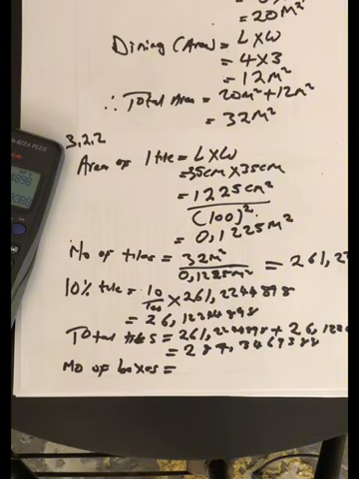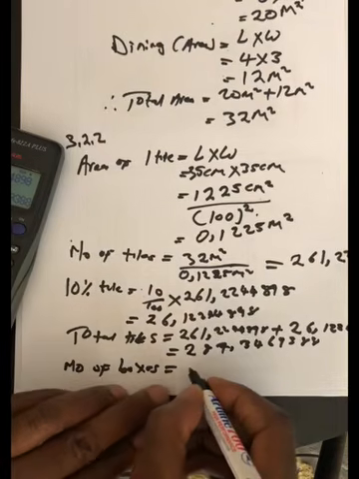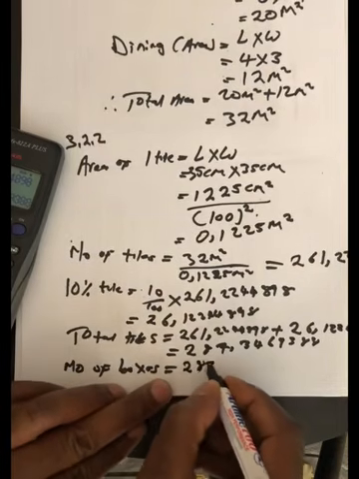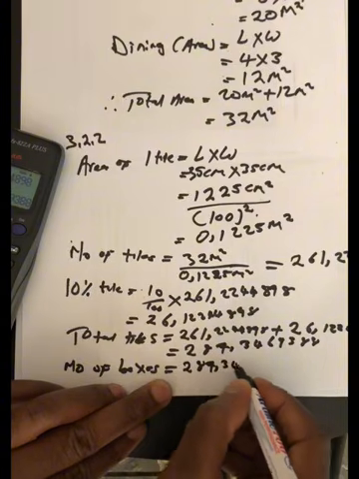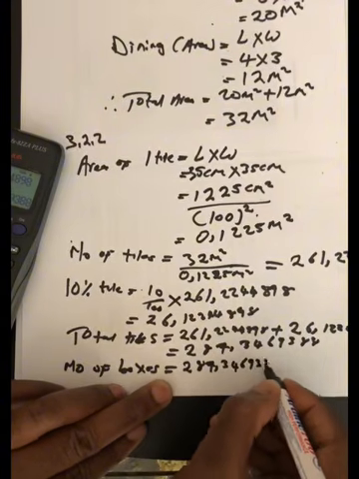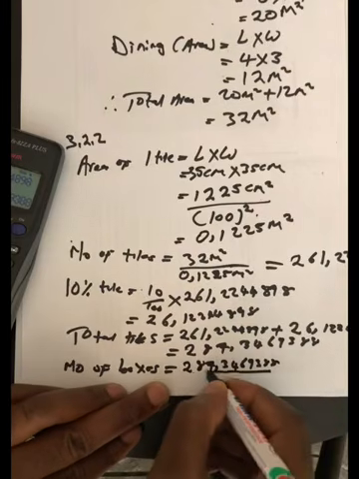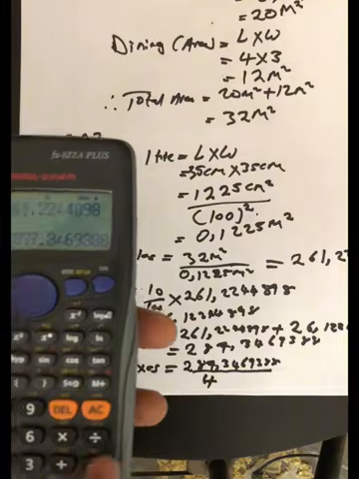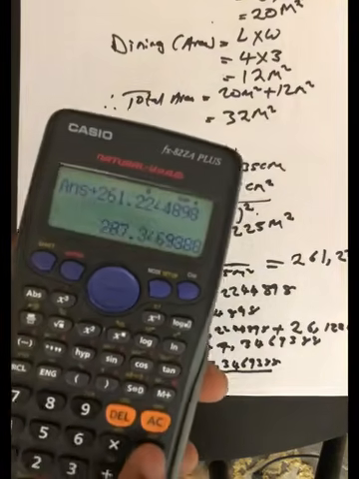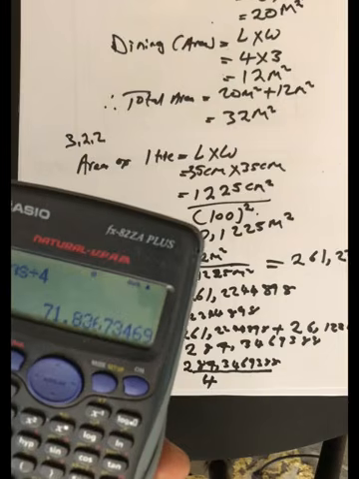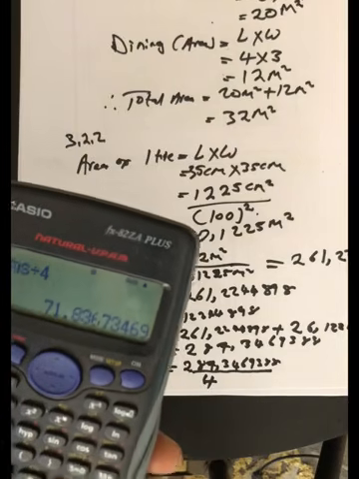So we just divide the previous answer, 287,34,693,388, by 4. We are going to find the number of boxes. We find that we have 71,83.